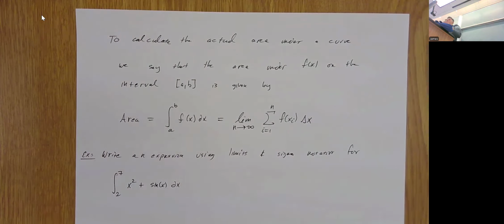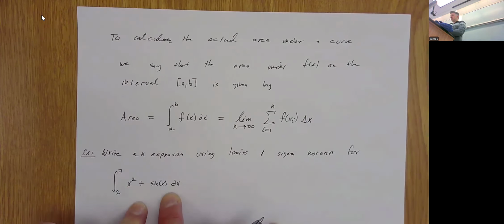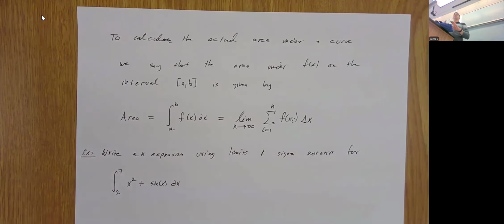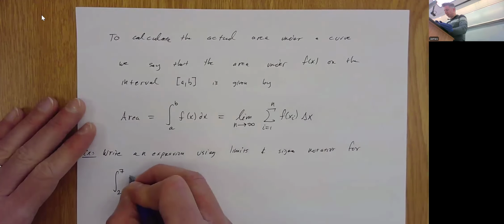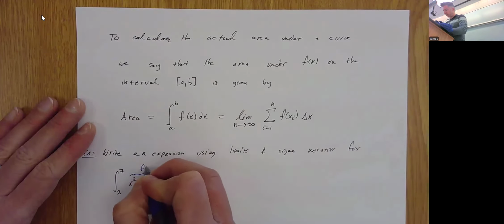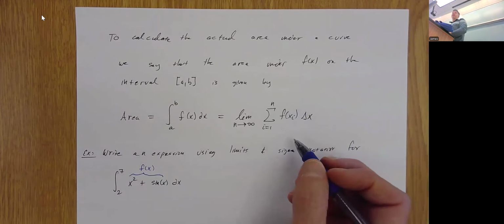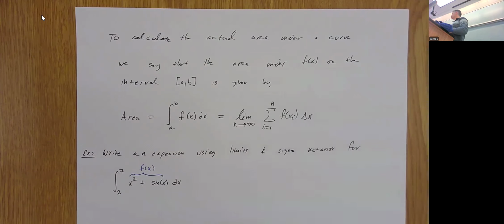So your job is to translate this into that. And there's some nice correspondences here. So this is your function. That's your f of x. In the sigma notation, it's going to be f of x sub i, so the x has to change a little bit.